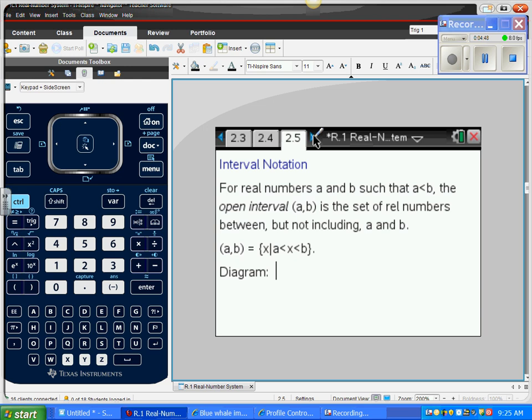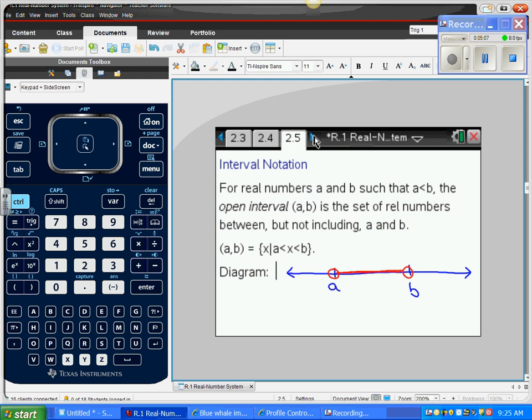So what this would look like on a number line is we're saying a is less than b, so a is going to be here and b is going to be here. You see this written a couple of different ways. We looked at it as open circles with shading in between.